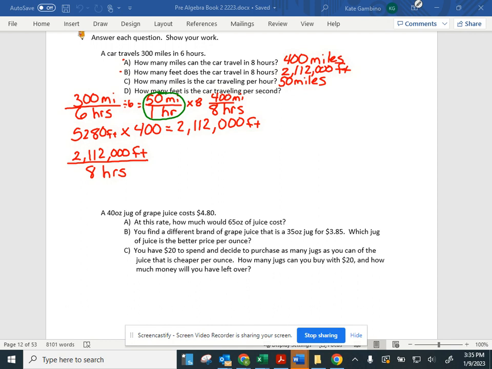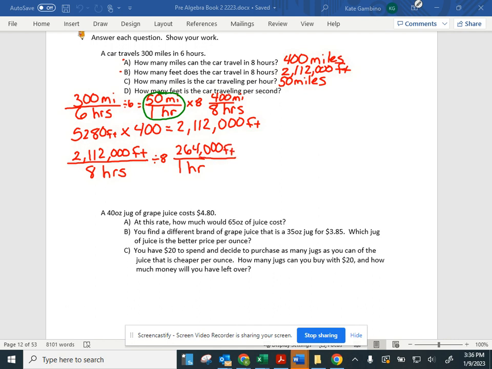So let's say, okay, instead of 8 hours, we want to bring that down to 1 hour. So 2,112,000 feet divided by 8 gets us 264,000 feet in 1 hour.